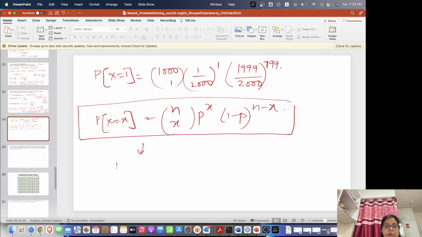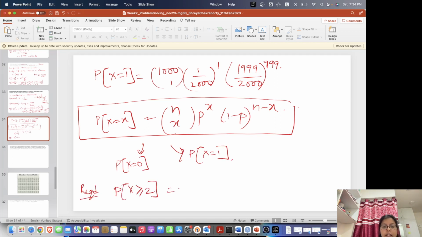So using this we got probability X equal to 0. Also we got probability X equal to 1. So the required probability X greater than or equal to 2 is 1 minus probability X equal to 0 minus probability X equal to 1. And if you do all calculations, then this will come to 0.0902, something like this.